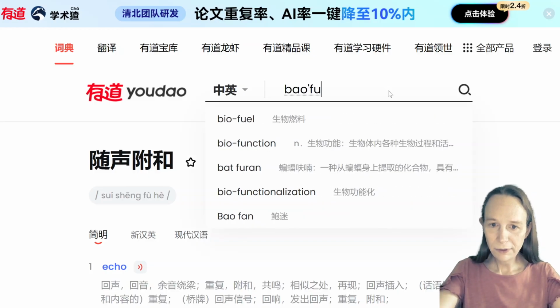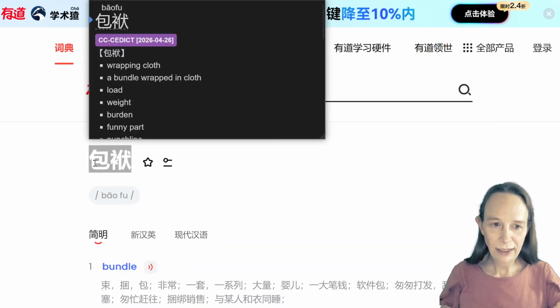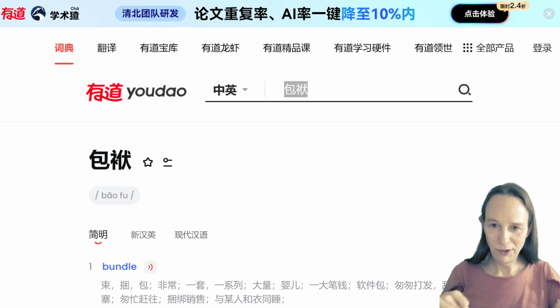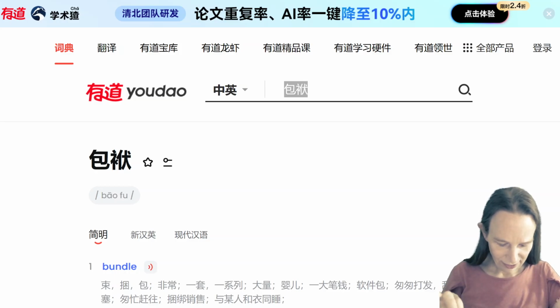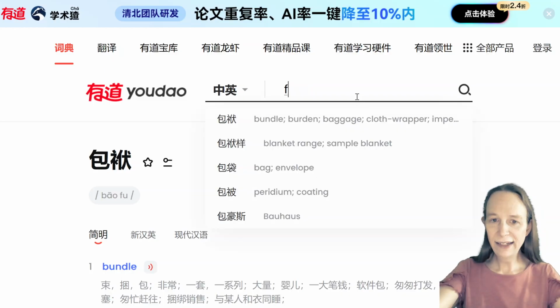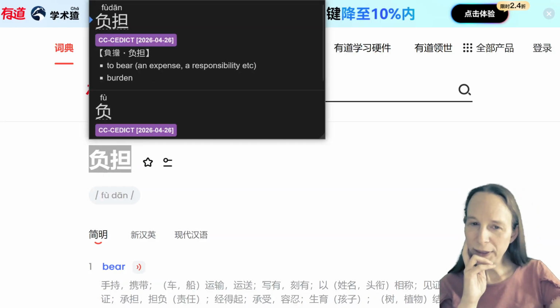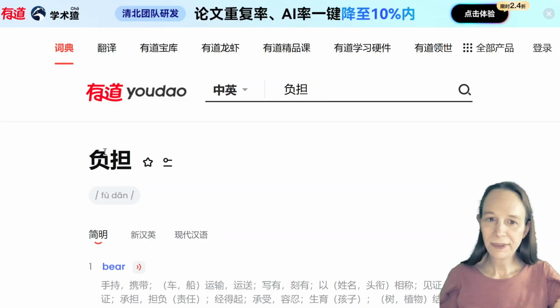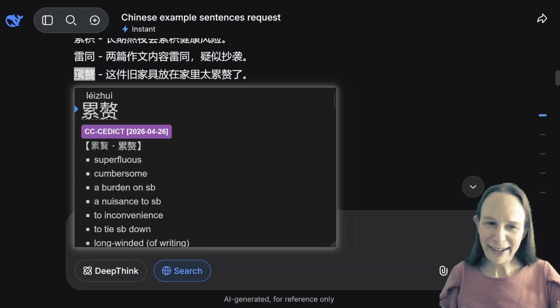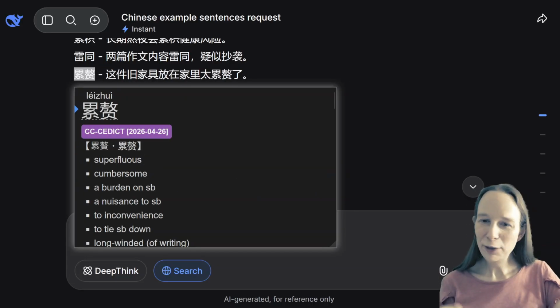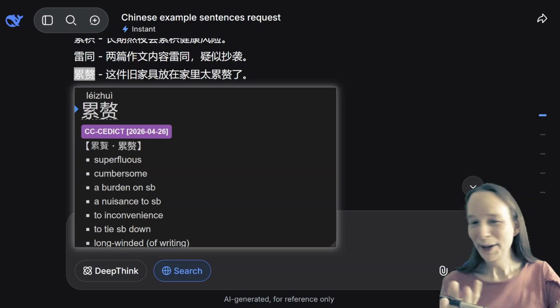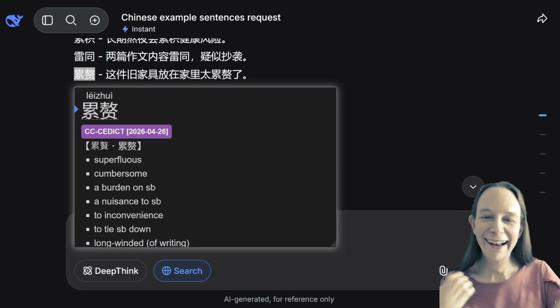This one can be a burden, or what's the other one? Right, it's here: 负担, 累赘. But yeah, in your output you can use the easier ones. I mean, you can use 累赘 if you like, I'm not in charge.